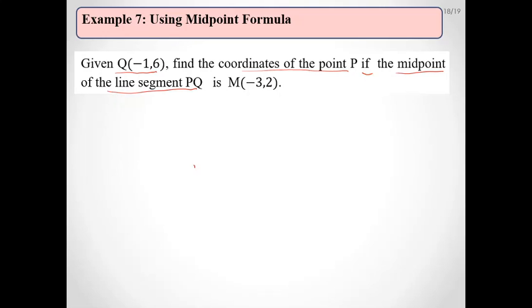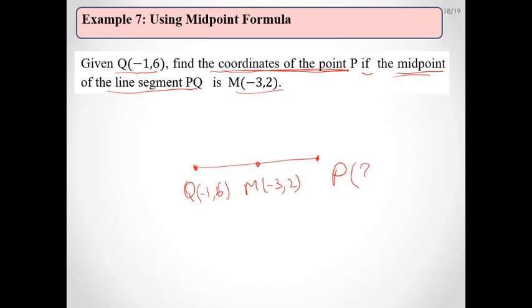Q is given, and we need to find the coordinates of P, and the midpoint of the line segment is M. So M is (-3, 2), and Q is (-1, 6). We find the coordinates of the point P.